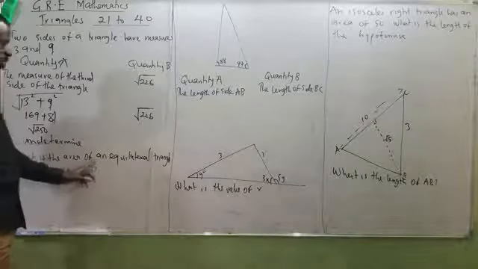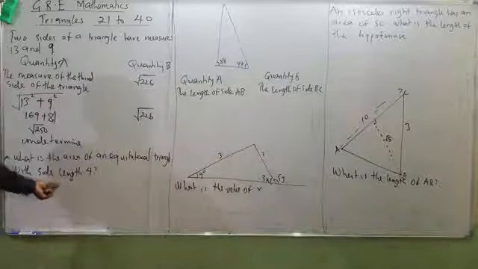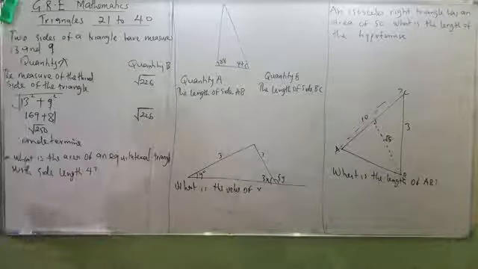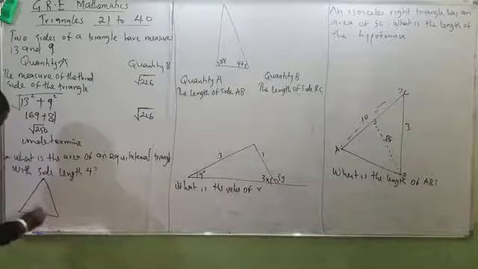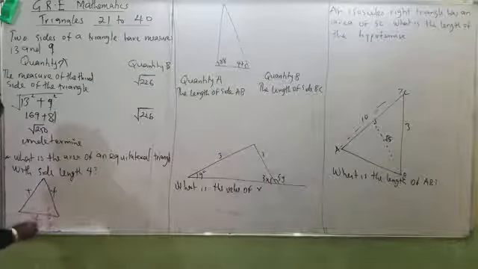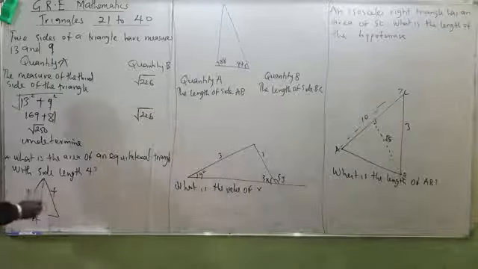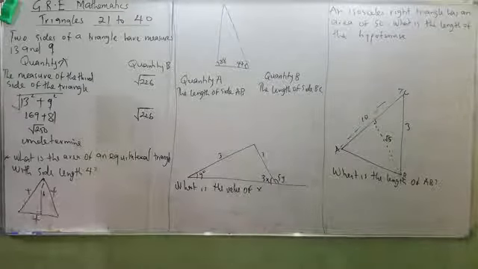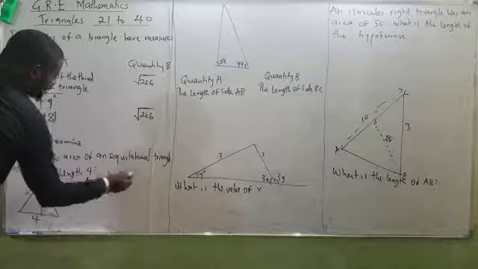Now, look at this particular question. What is the area of an equilateral triangle with side length 4? This is an equilateral triangle with sides 4, 4, 4. We are looking for the area, so I'm going to cut this into 2. I'll call it height, because area is half base times height.